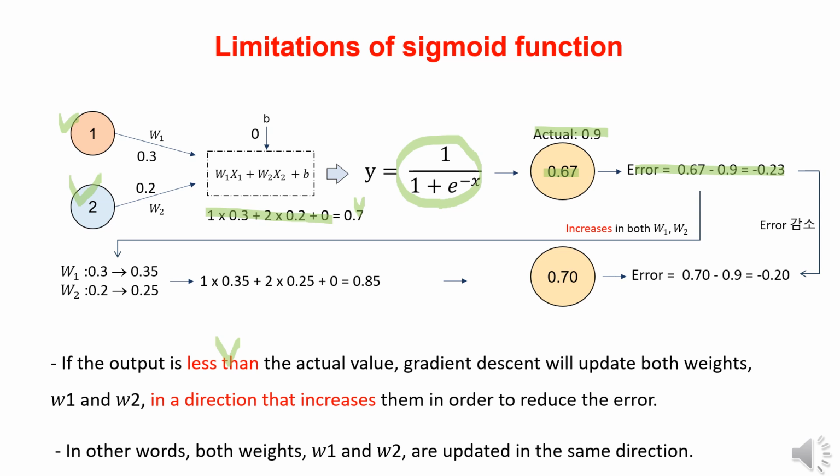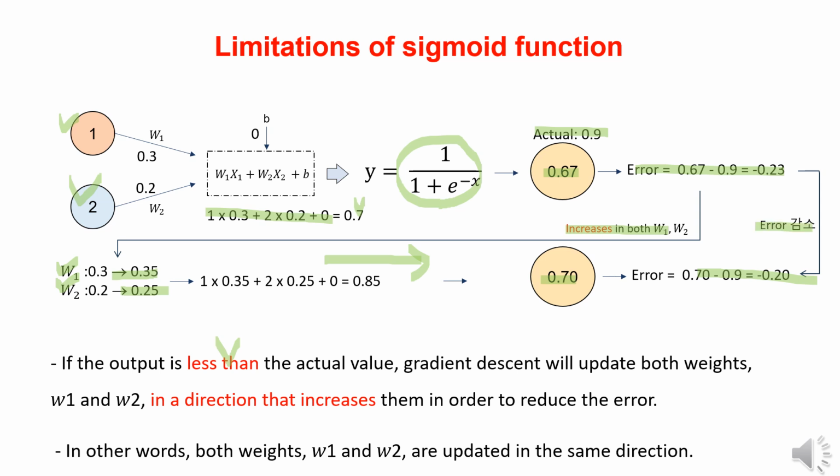To reduce this error, gradient descent will adjust all the weights in a direction that increases their values. If we assume that weights omega 1 and omega 2 increase to 0.35 and 0.25 respectively, then recalculating in the same way yields an output of 0.7, showing that the error has decreased compared to the initial output.